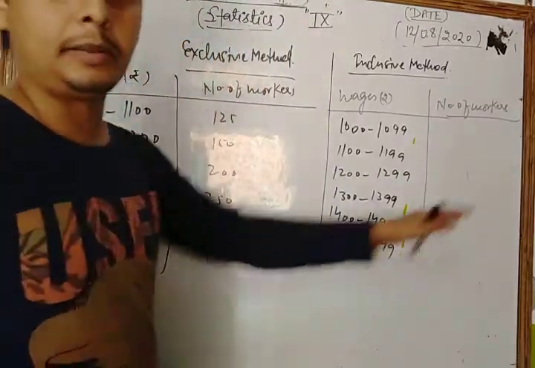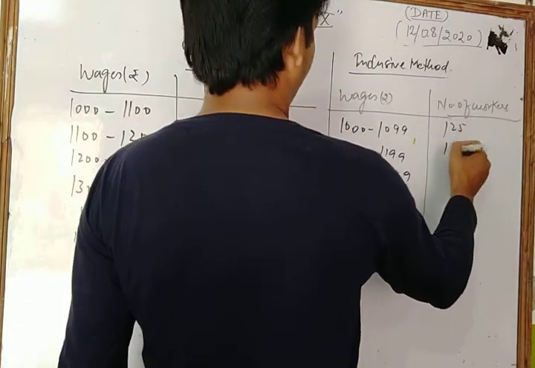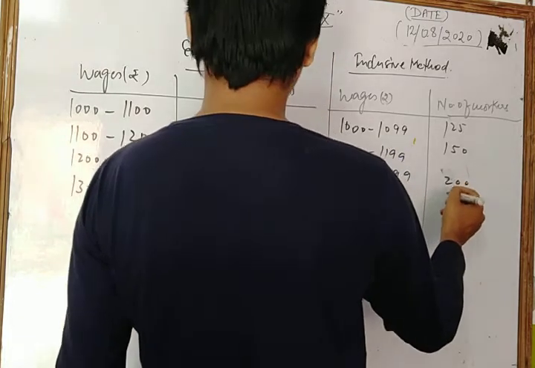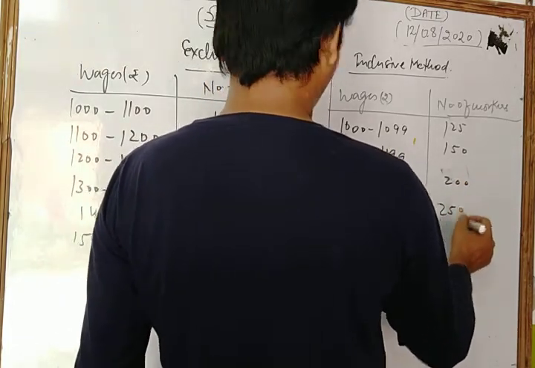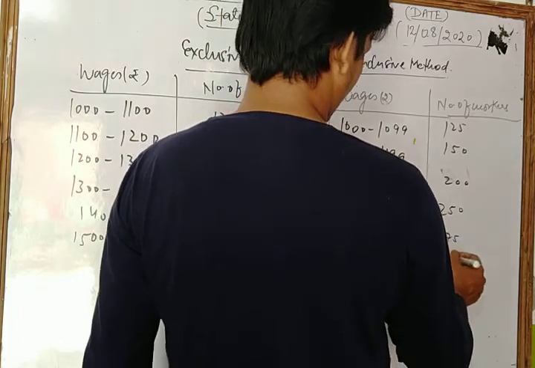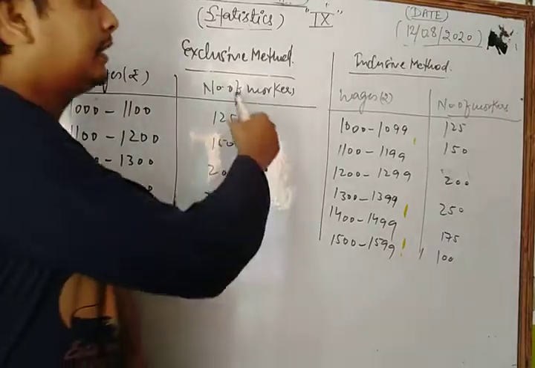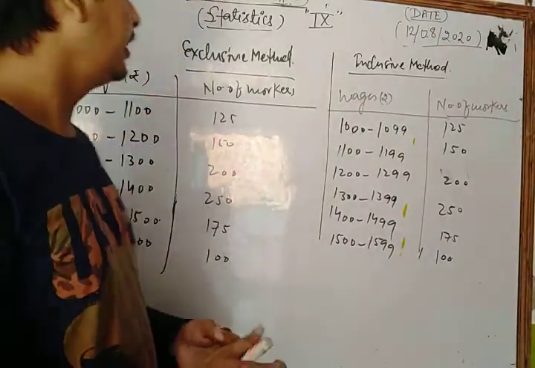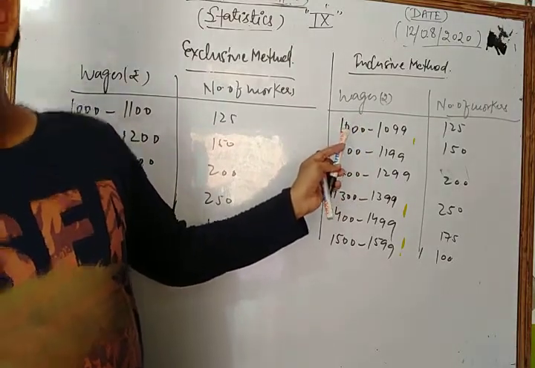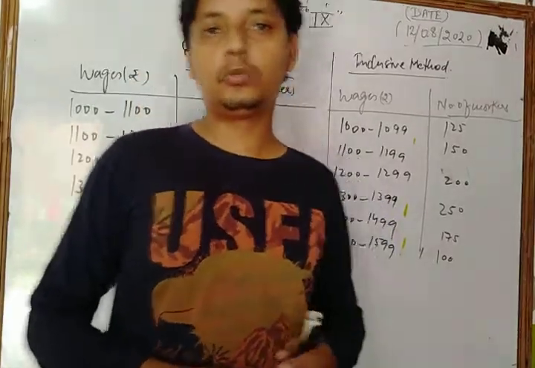And we write the same number of workers: 125, 150, 200, 250, 175 and 100. So dear students, we represent the same given data in the exclusive method and the inclusive method.